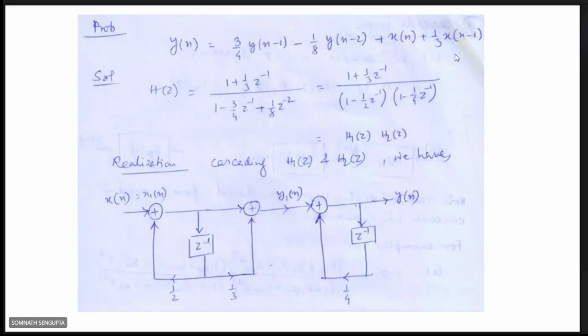Now coming to this problem, the difference equation is given. Now you have to convert it into a transfer function. How will you convert this to a transfer function? Can anybody tell?